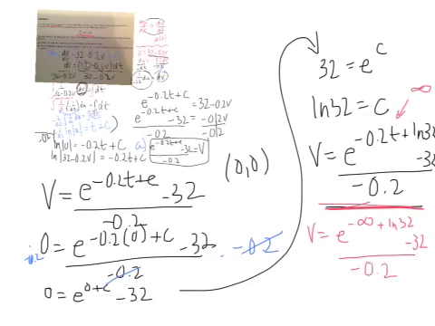And so what we're going to find is that this entire term right here is heading to 0 because e to the negative infinity is going to go towards 0. And so the limit as t approaches infinity of this function is going to end up being negative 32 over negative 0.2, which actually works out to be 160.